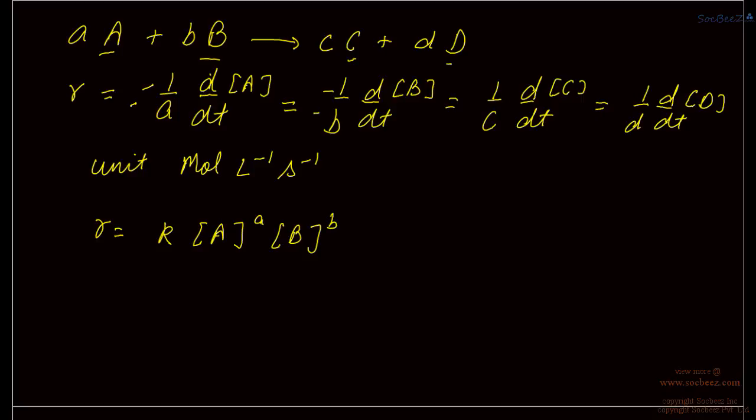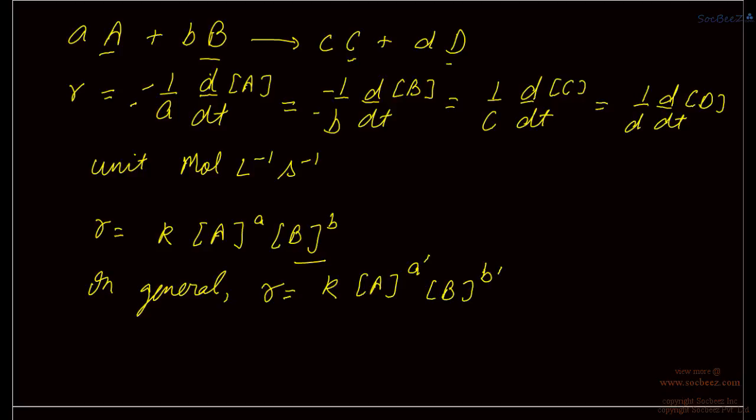But experimentally it has been observed that this equation is not always applicable. Therefore, in general, rate equals K into concentration of A to the power a dash into concentration of B to the power b dash, where a dash and b dash may or may not be equal to a and b respectively.